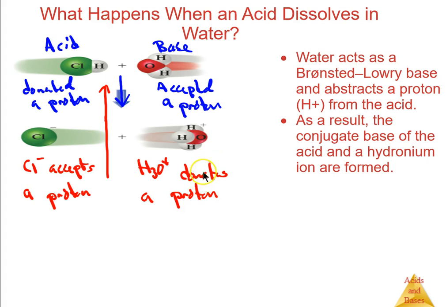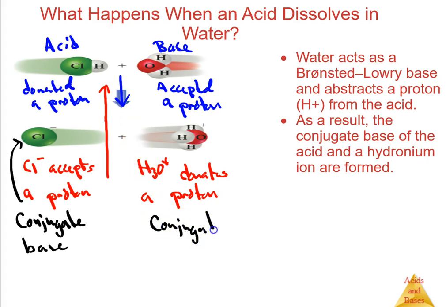Okay, so now we're going to introduce two vocab words. Chlorine is what we call the conjugate base. And H3O plus will now act as the conjugate acid.